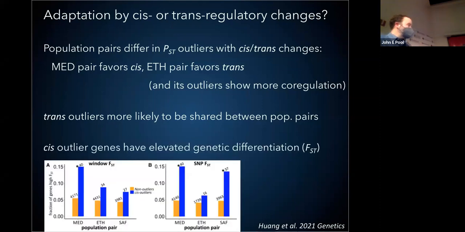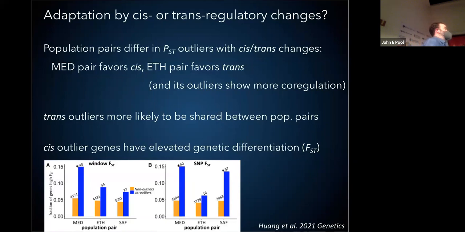that was the observation. And a final observation here is that for the cis outlier genes specifically, we saw on average that they had higher genetic differentiation, which you would actually expect. So the idea behind a cis outlier is that adaptive evolution acted at that gene, not at some other transcription factor. And so we should have had allele frequency change there.